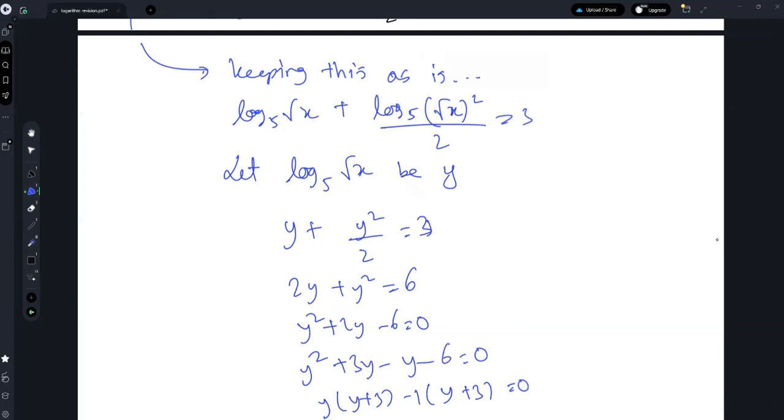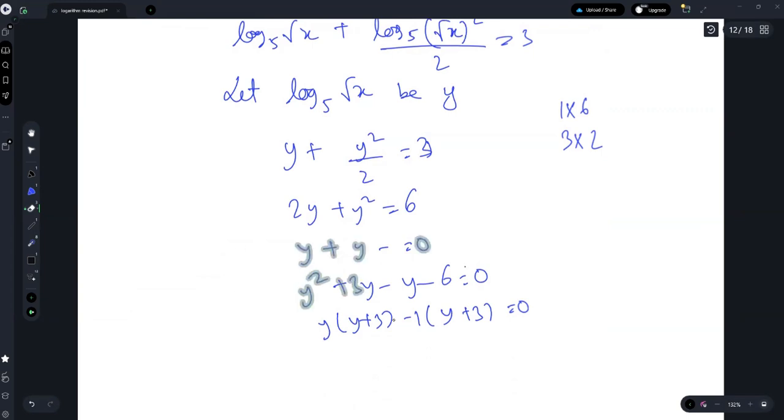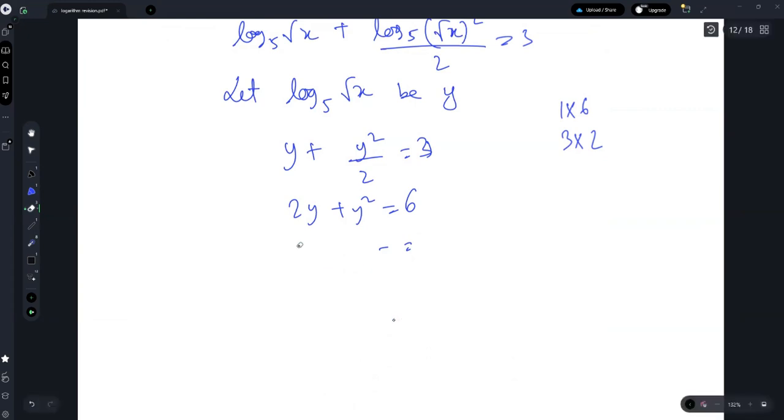What have I done? So y square plus 2y minus 6 equal to 0.